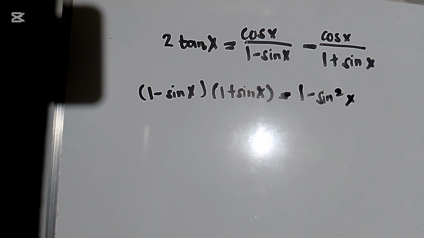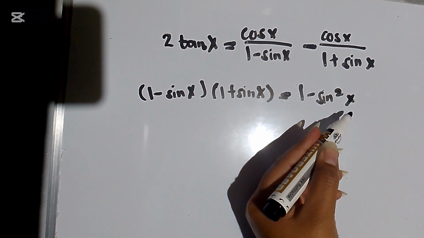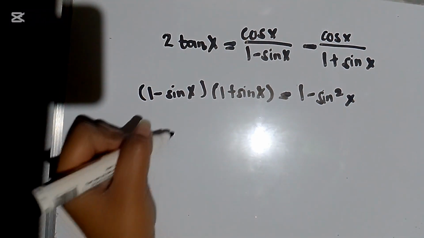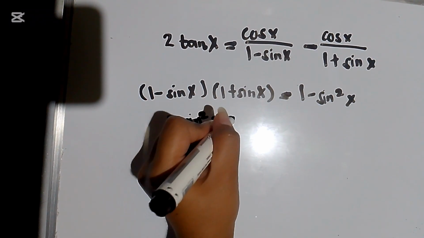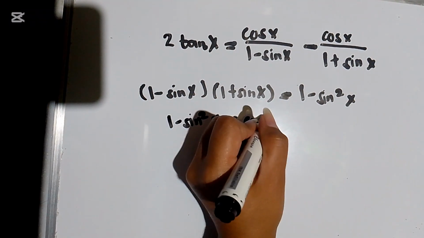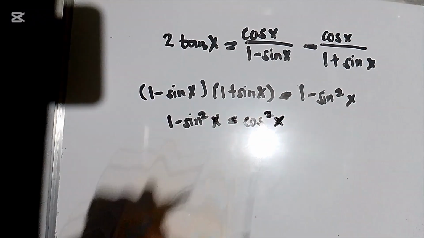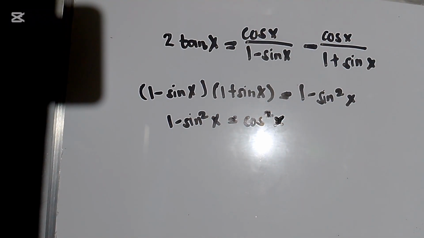Now, let's use the Pythagorean identity, which is 1 - sin squared x equals cos squared x. Next, rewrite the fraction.